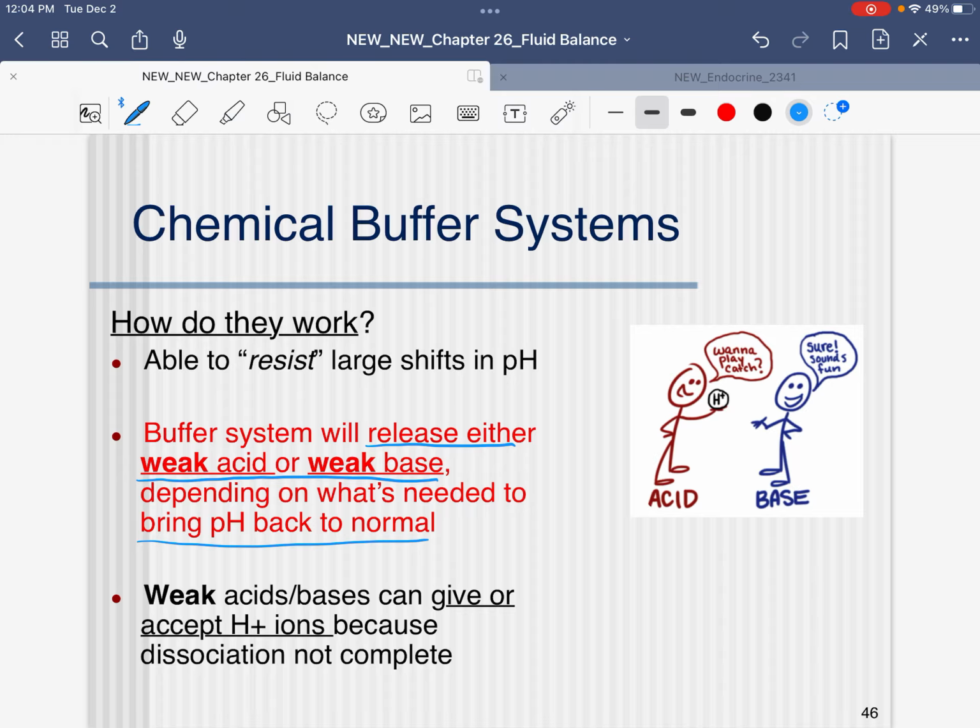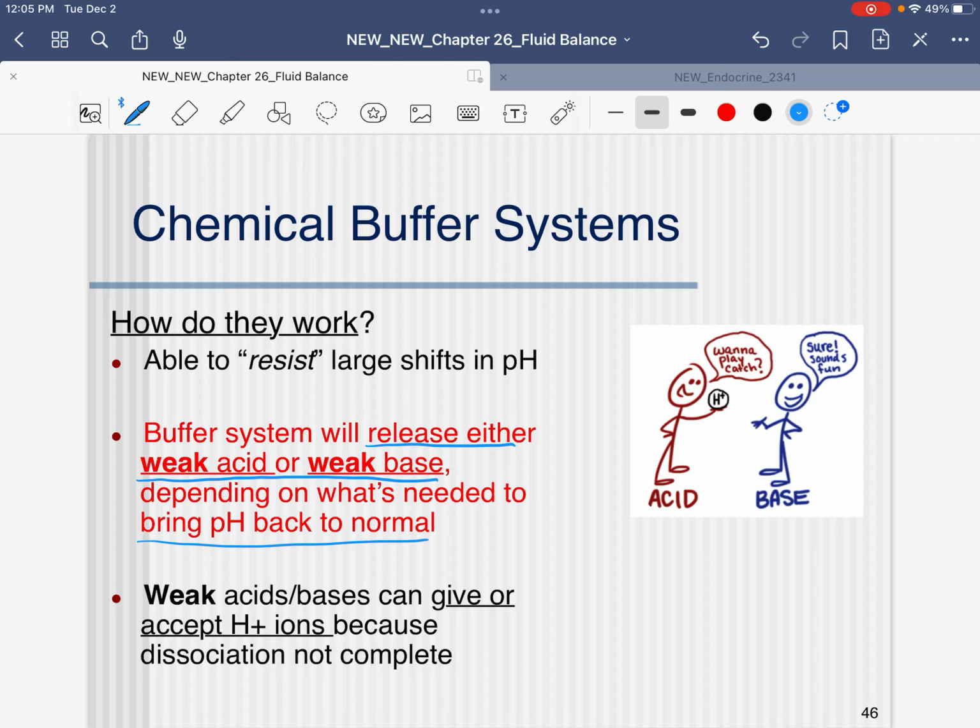These buffer systems have both a weak acid and a weak base. So in the short term, let's say my blood becomes too acidic. If my blood becomes too acidic, what can I add to it to temporarily bring the pH back to normal? If my blood is too acidic, I can temporarily add a base to counteract that acidity.